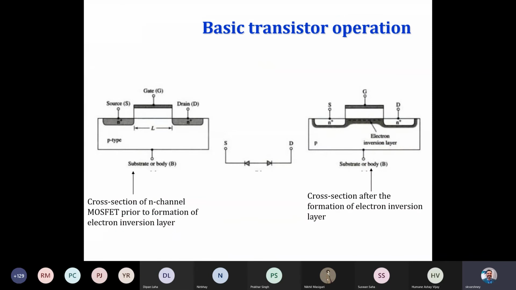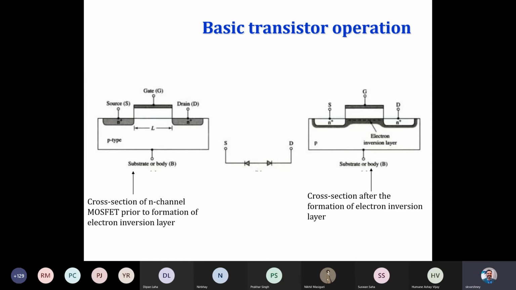So basically, this is what I was saying: we have a channel length and an n plus, and we apply a voltage and a channel is being formed, but you may not have sufficient electrons, so this is a kind of threshold.